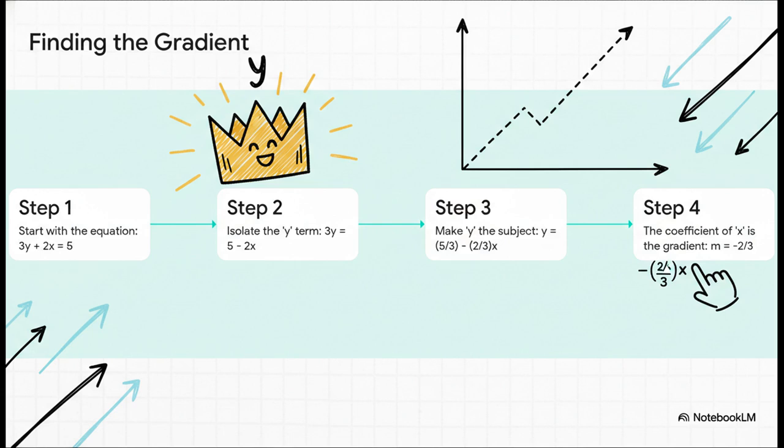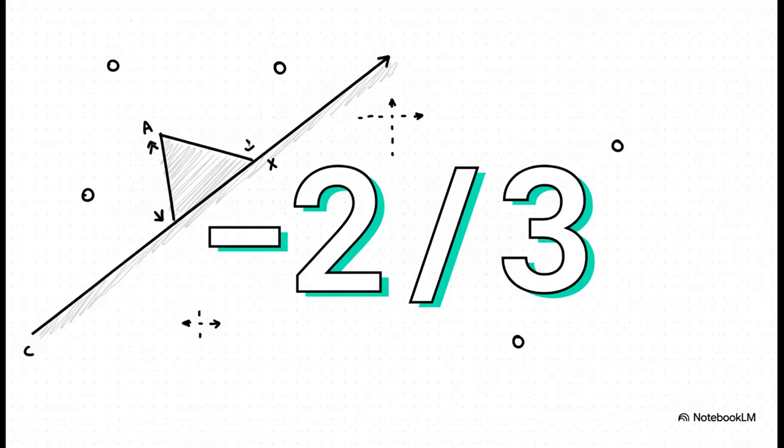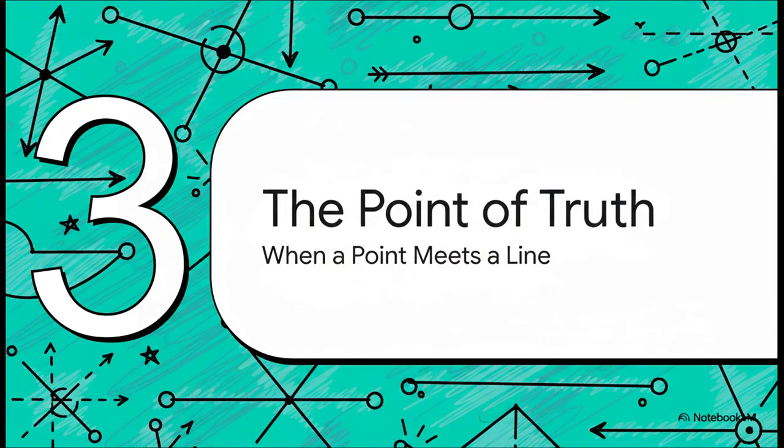First, we'll move that 2x over to the other side by subtracting it. Then we divide everything by 3 to get y completely on its own. Now, look closely. The number that's right there next to x, that's our gradient. And boom, there it is. The gradient is -2/3. Awesome. Tool number 1? Check. It's in the toolkit.